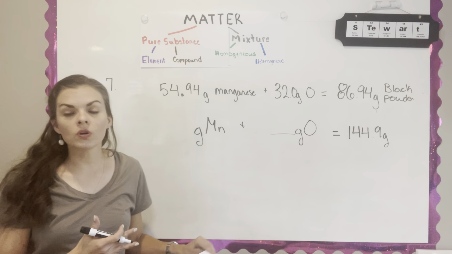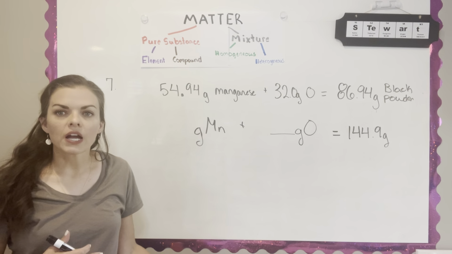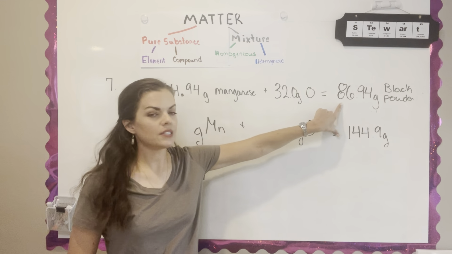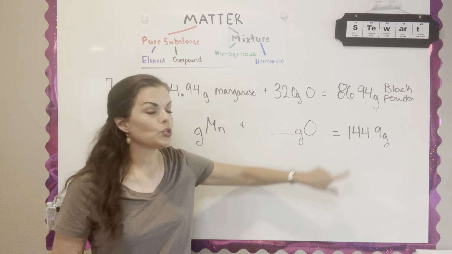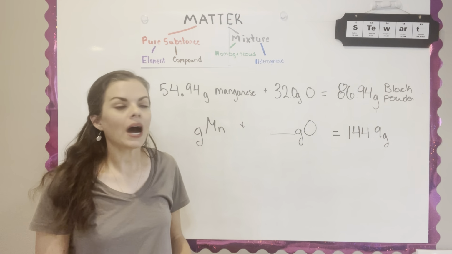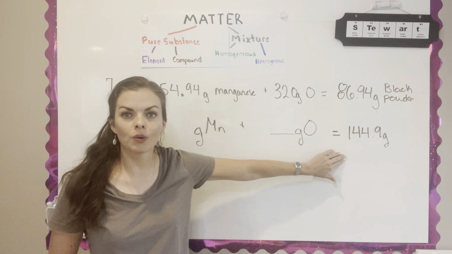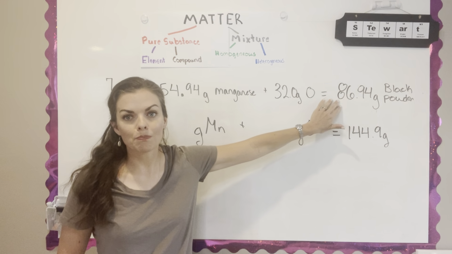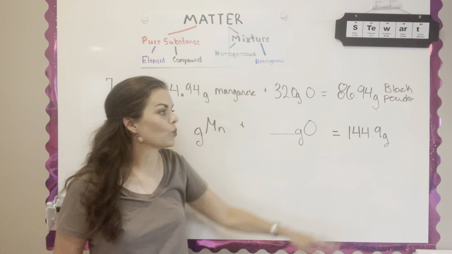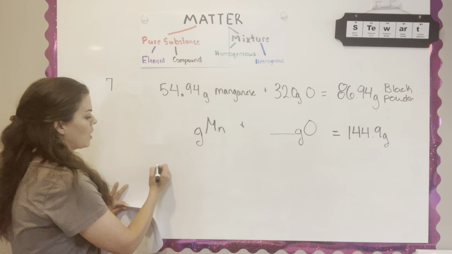And so we're going to be doing what we were just doing, finding a multiplication factor or a ratio to go from 86.94 grams to 144.9 grams. Now, I am going to a bigger number. I am multiplying this by some number greater than 1 to get 144.9.